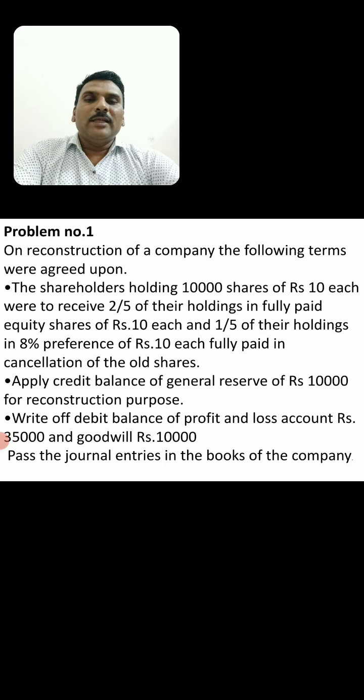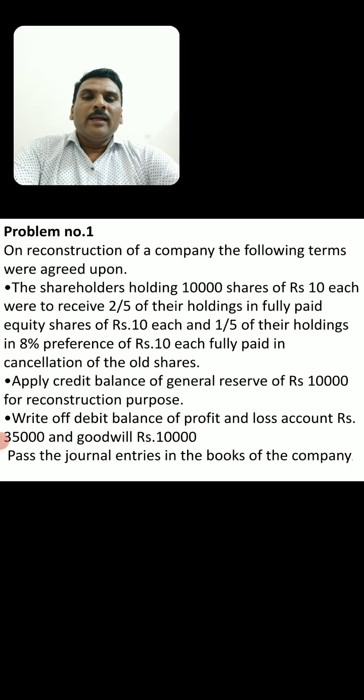So when the company decides to issue new shares, the equity shareholders will get 2/5 of their holding as fully paid equity shares, and the preference shareholders will get 1/5 of their holdings in 8% preference shares of 10 each fully paid, in cancellation of the old shares.